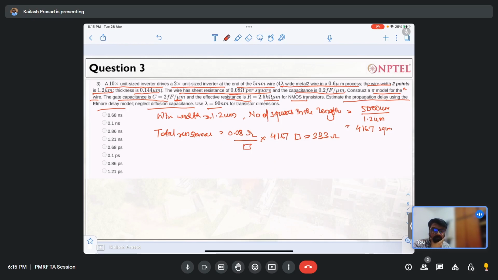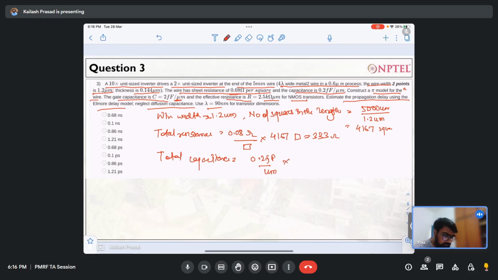Now you have to calculate the total cap, because your delay is dependent on both resistance and capacitance. The gate capacitance is given as 2 femtofarad per micrometer, but the capacitance of the wire is given as 0.2 femtofarad per micrometer. And what is the length of the wire?